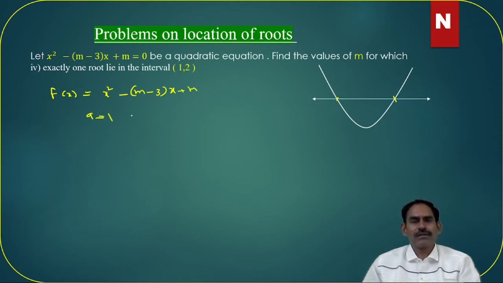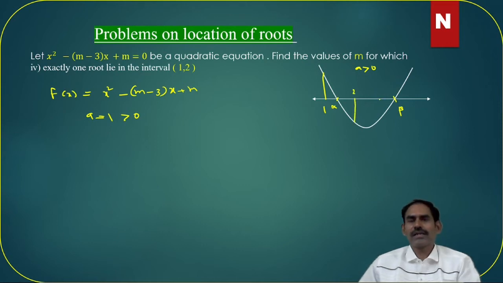A is 1, greater than 0, open upward direction. Next, I am taking this as alpha beta, one root lies in the interval 1 comma 2, exactly one root. That's why I am taking the graph like this, 1, 2.